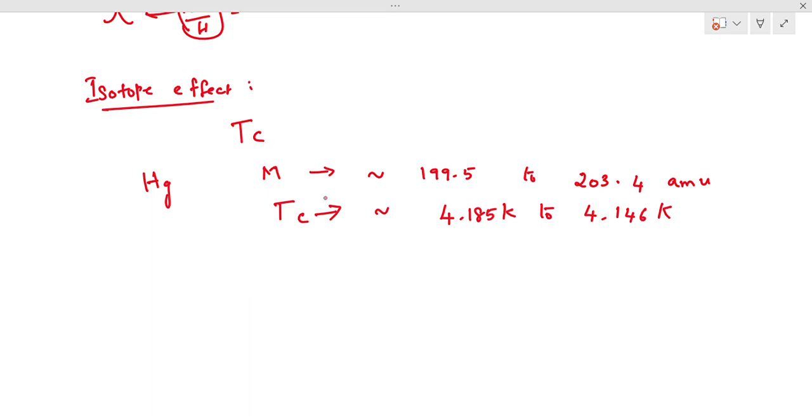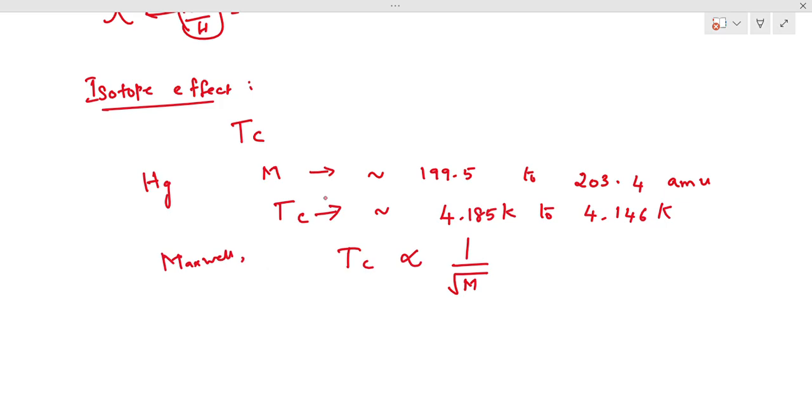According to Maxwell, the transition temperature is inversely proportional to the square root of the atomic weight of the superconductor.